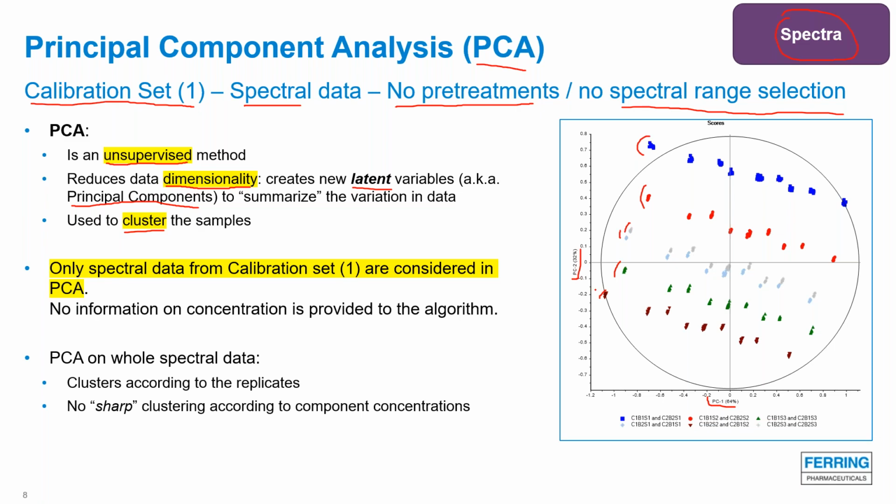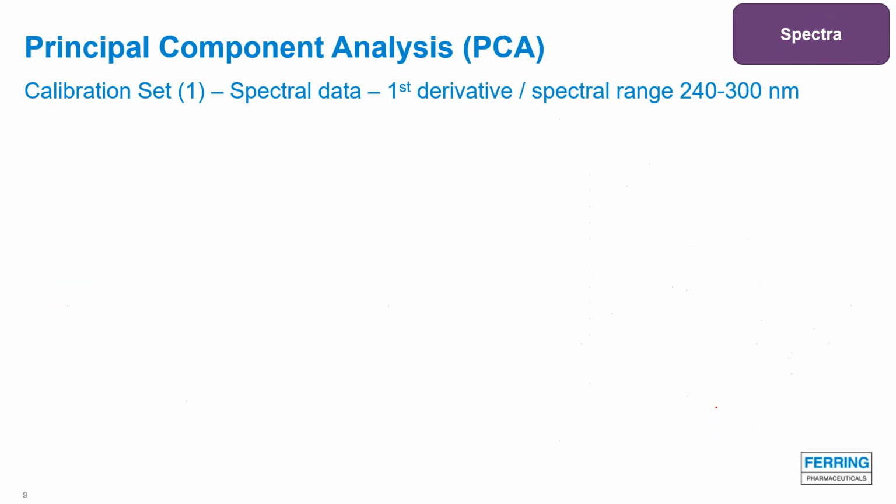This is interesting, but actually we are more interested in seeing how we can map these variables that we create, the latent variable, the principal component, to the composition of our samples. To do that, actually, we need to do some manipulation of the data.